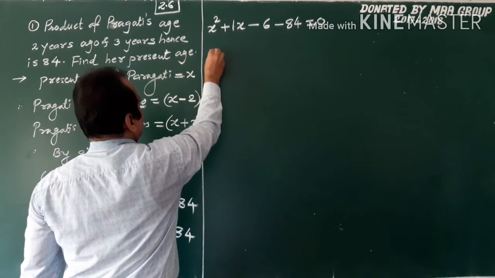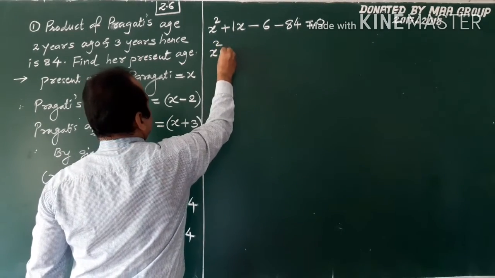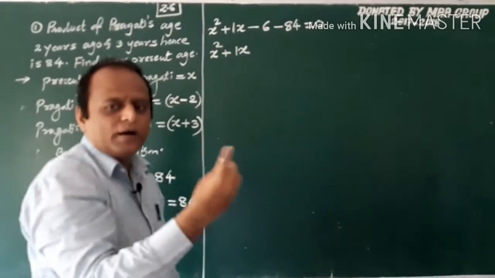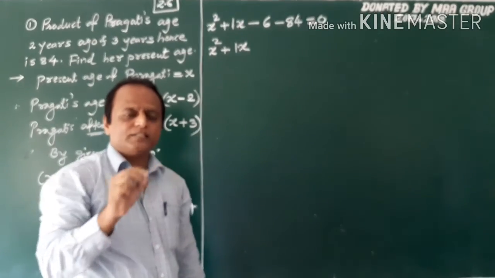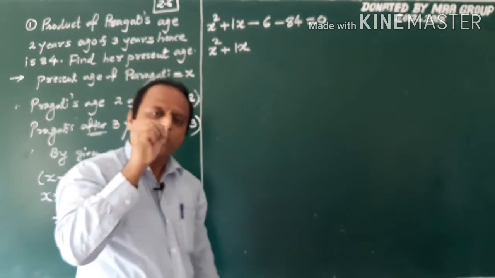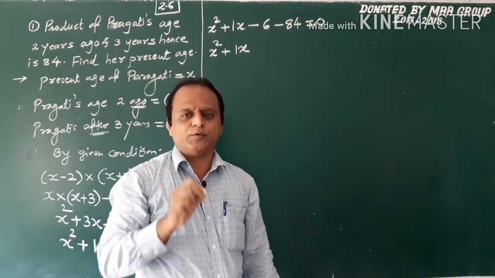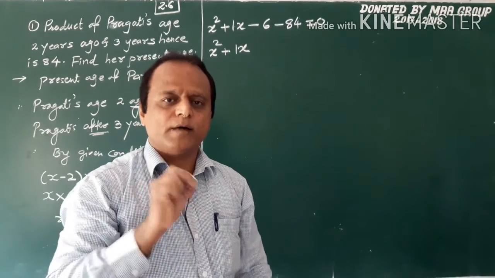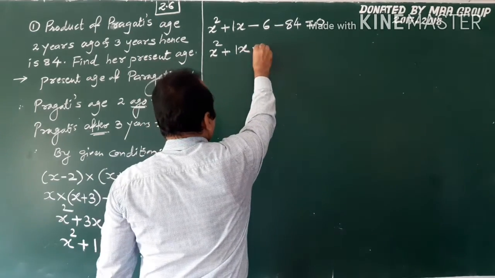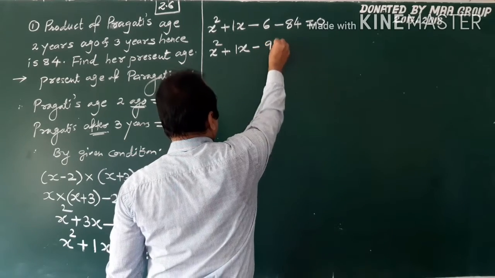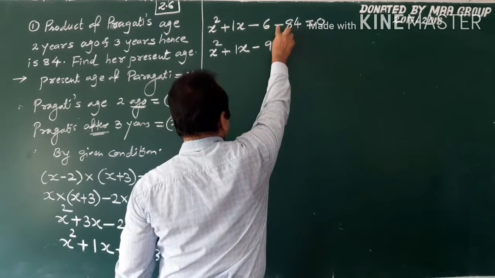Then x square plus 1x, now minus 6 minus 84: minus minus, we have to do addition, and we give the sign of the bigger number, that is minus. So here 84 plus 6 is 90 and the bigger number is 84, the sign is minus.